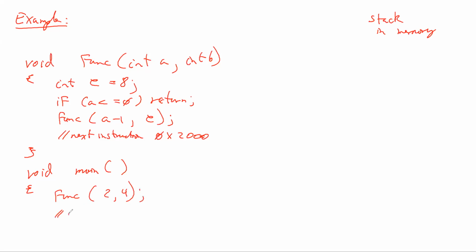And notice over here, the next instruction is going to be 0x1000. That's another address in memory where that instruction would be, and we're just imagining that situation.